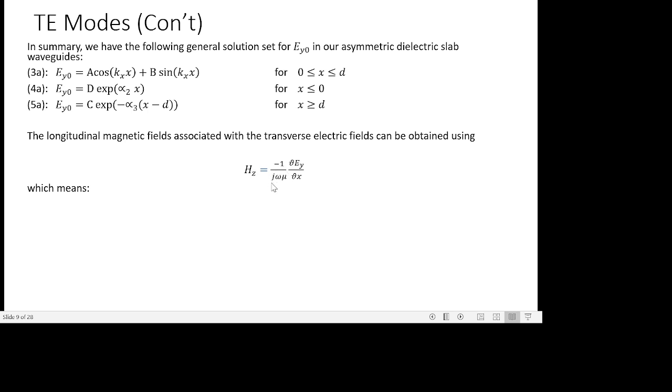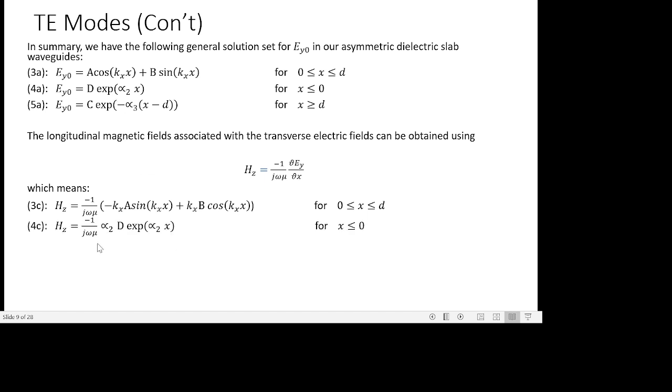So if we differentiate equation 4A, we will get this one. If we differentiate equation 4B, we get this one.